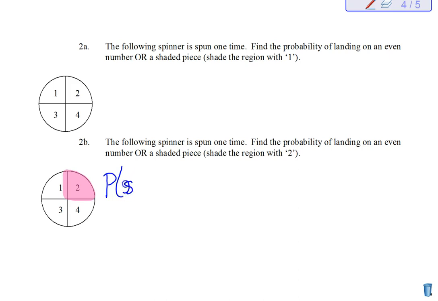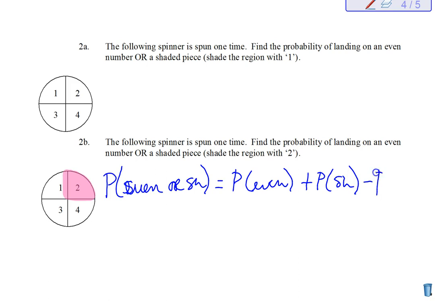This time, if I want the probability of getting an even or a shaded, same thing. It's the probability of the even plus the probability of the shaded minus the probability of the outcome that's even and shaded. So the probability of spinning this spinner and landing on an even number is 2 outcomes out of 4 total.